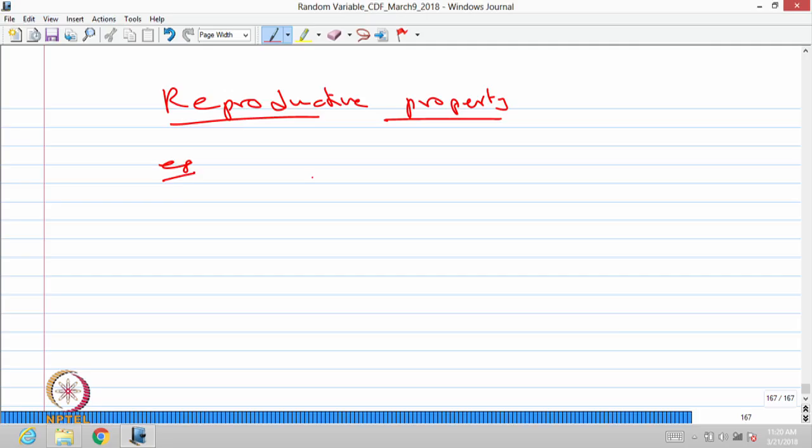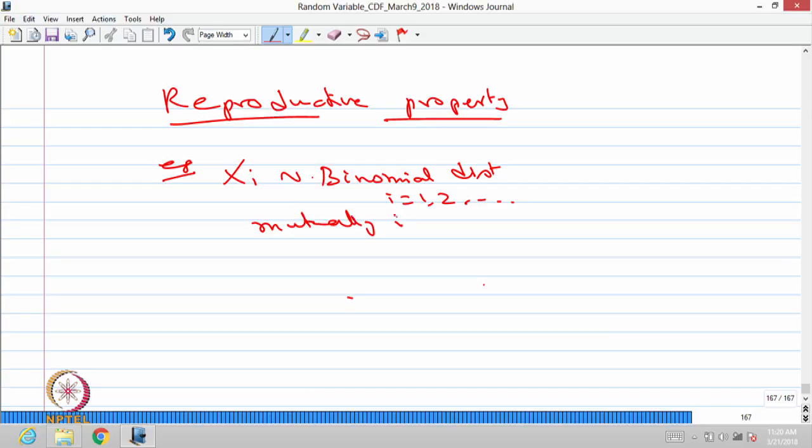For example, each Xi is binomial distributed, and I have many random variables, all mutually independent. I make the assumption all the random variables are mutually independent.